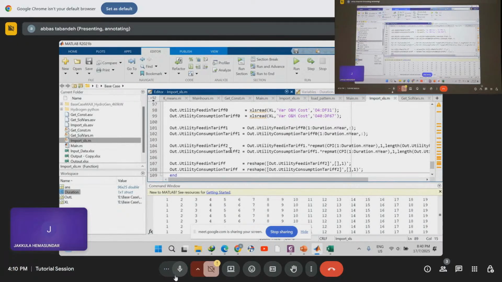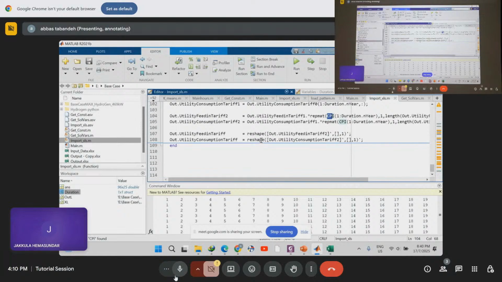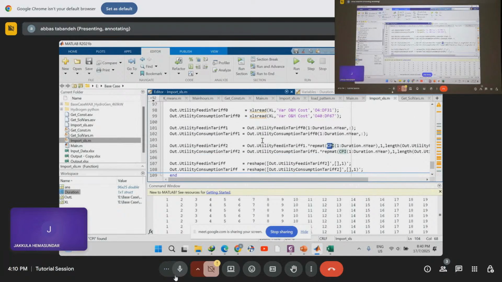And again, we can see that because we need to calculate the operational cost and how much electricity we need to sell to the grid. Again, we need to use CPI. You only need to go to the formulation of how we need to minimize the planning costs.